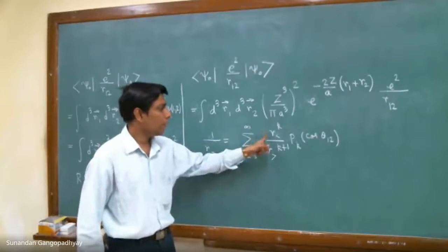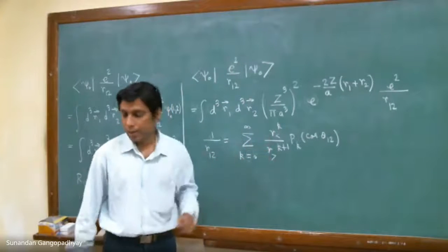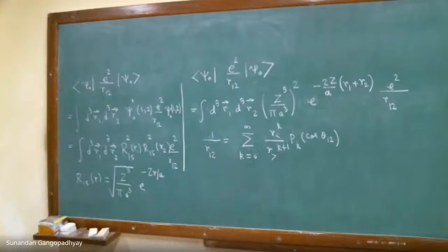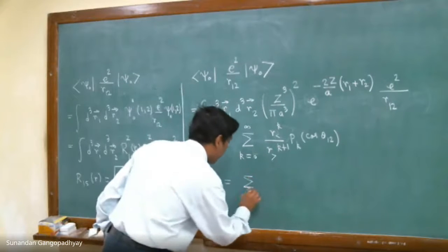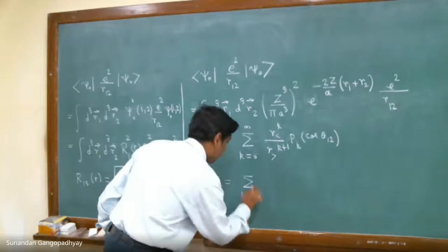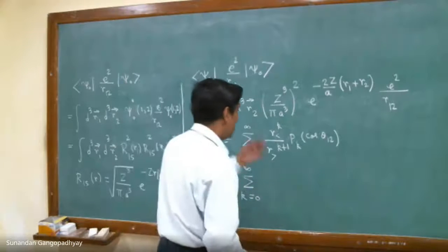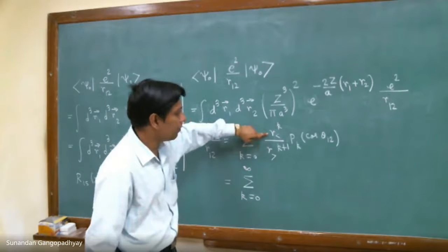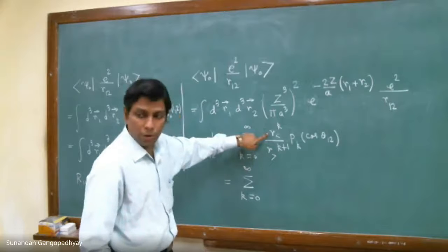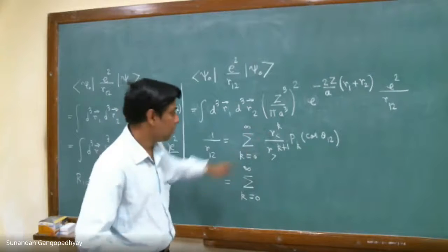And what do I mean by r less and r greater? That will be clear in a moment. It basically means that you take the value which corresponds to the lesser value between r1 and r2.